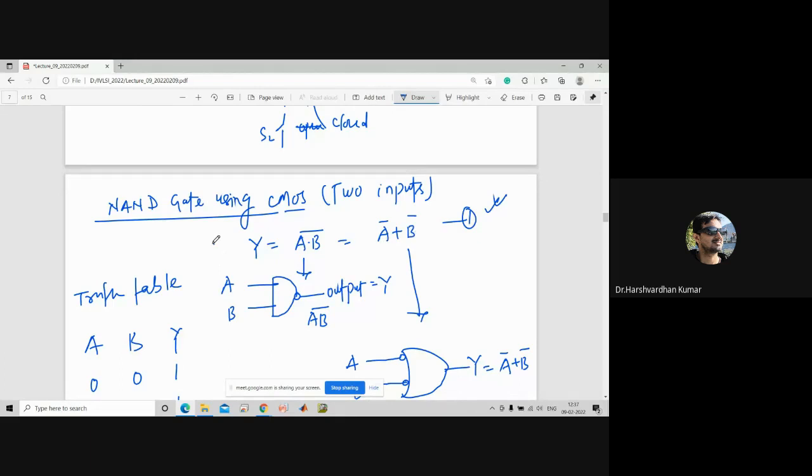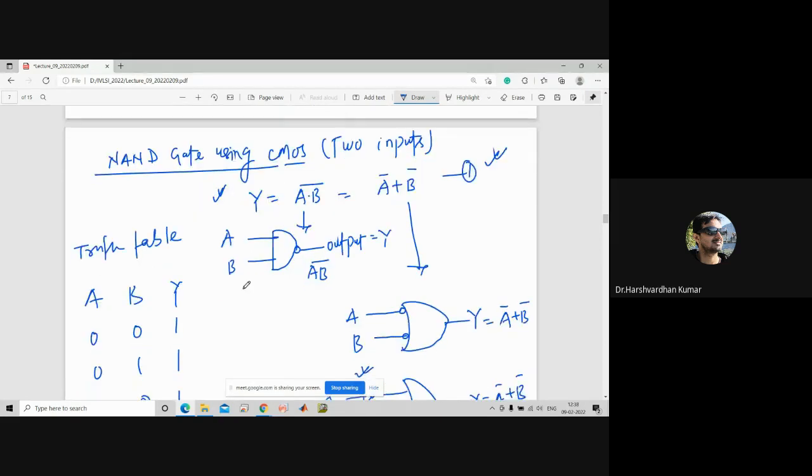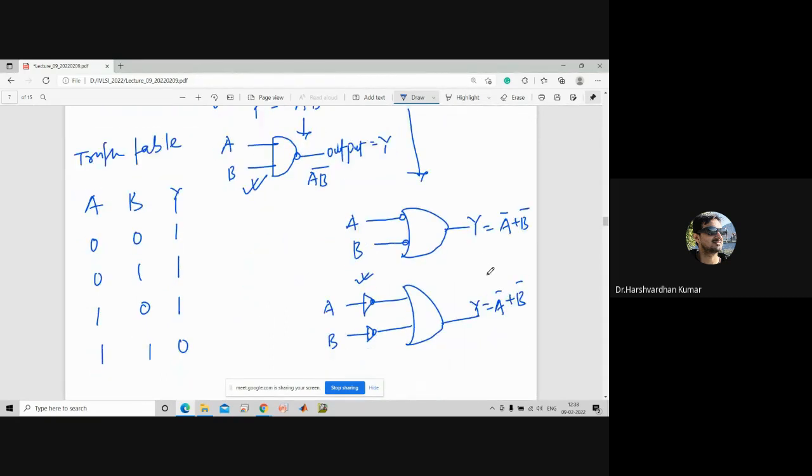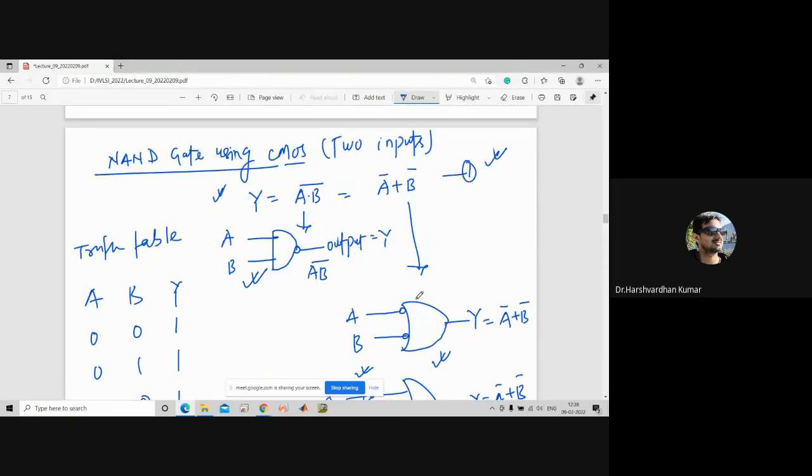We can design this NAND gate using AND gate also or using OR gate also. If you see the symbol, this is a symbol for inverted AND gate, and this is a symbol for inverted OR gate. So we can design the circuit by using AND gate and OR gate.